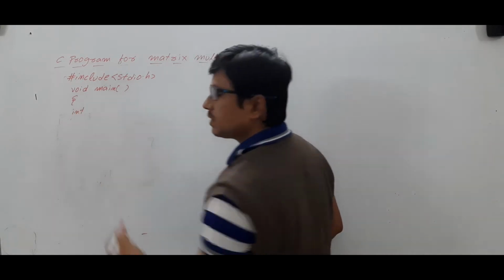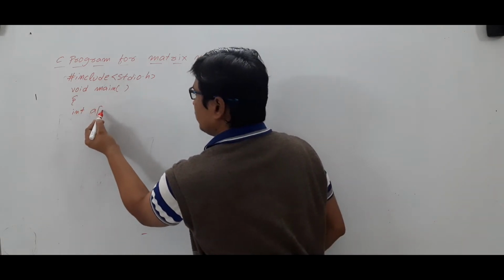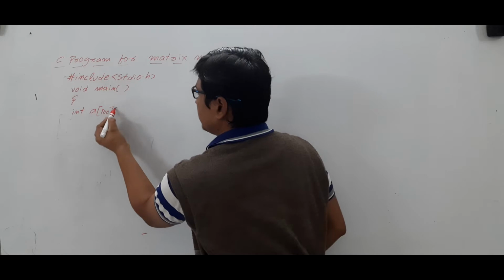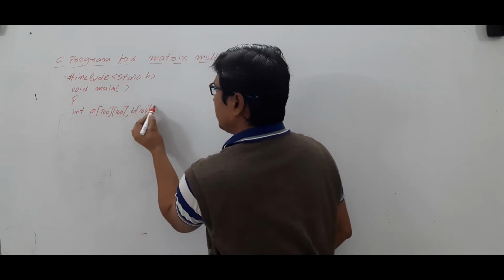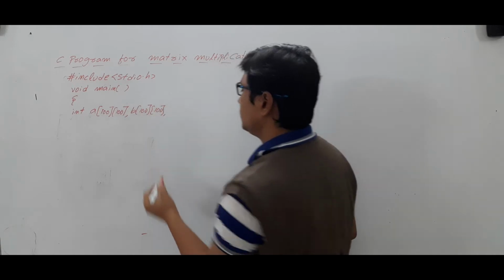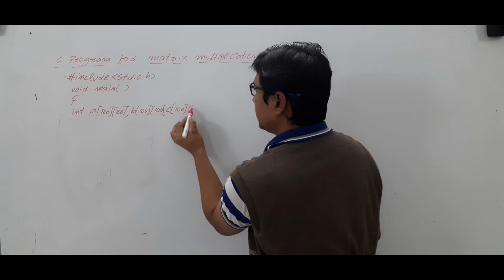So I want to take all integer arrays: A of 100 by 100, B of 100 by 100, meaning 100 rows and 100 columns, and C of 100 comma 100.